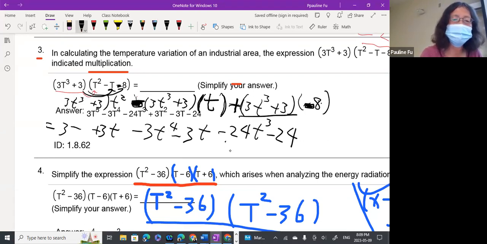Okay, the rest of the things you just simplify. Oops, I erased something. So 3t to the fifth, 3t squared.